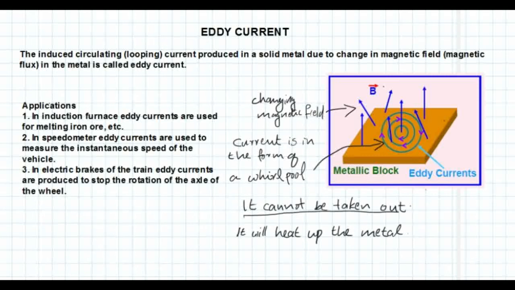It is because of the eddy current that it gives the reading in the speedometer. Then in electric brakes of the train, eddy currents are produced to stop the rotation of the axle of the wheel. So for stopping the train we are using eddy current. These are some applications that we can find for eddy current.